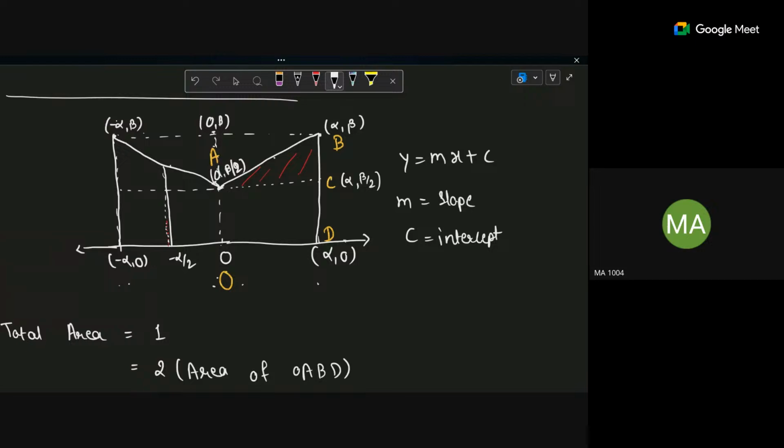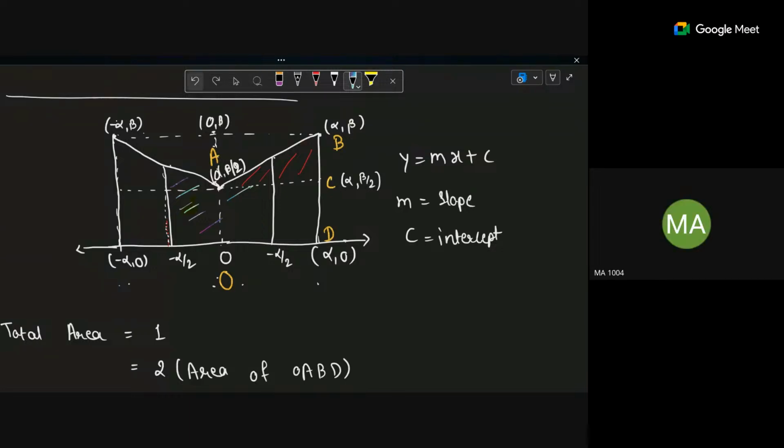So in this particular case we have to calculate this area.